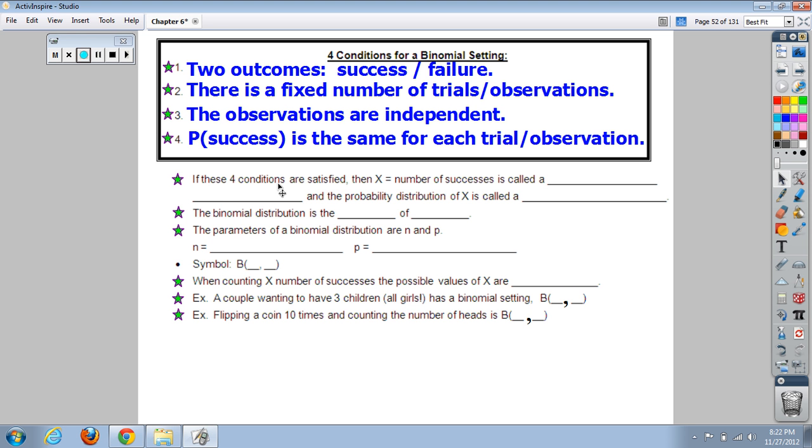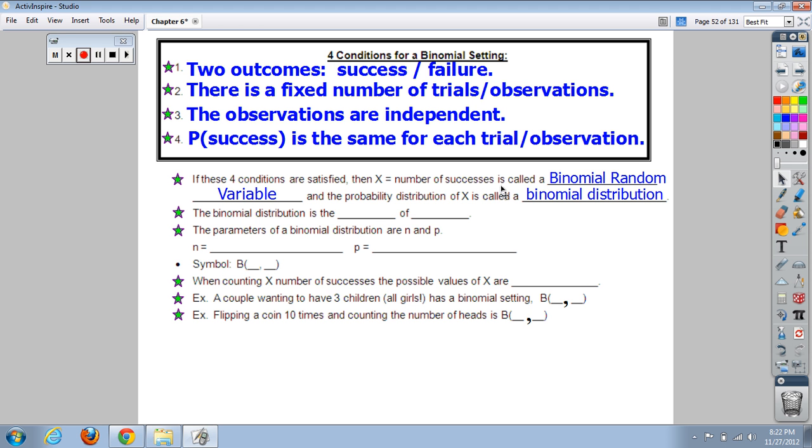Okay, so if the four conditions are satisfied, then x is the number of successes. So you could say, if we were going to flip a coin 10 times, I want to know what's the probability that I will flip exactly 6 heads out of 10 coin flips. That is something we will examine more in depth specifically.